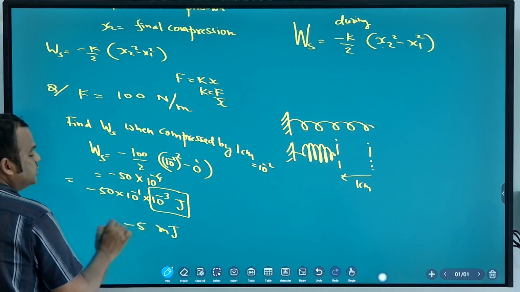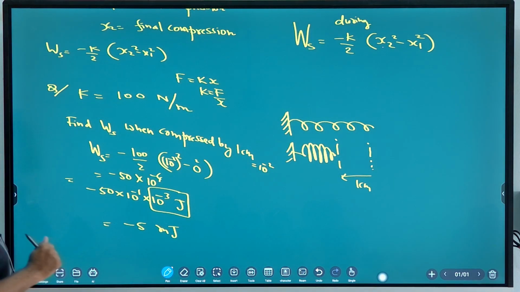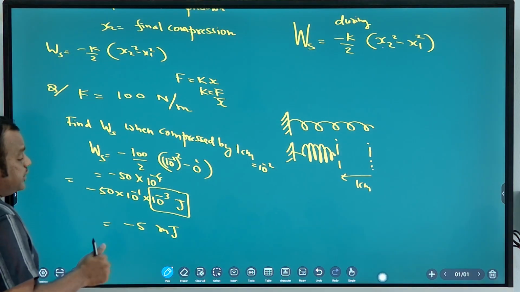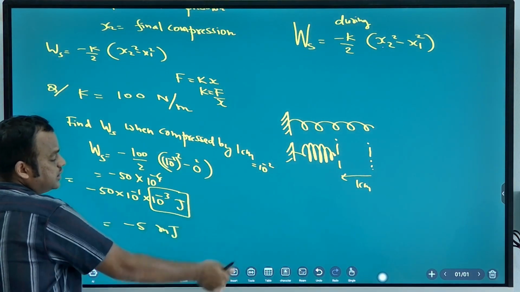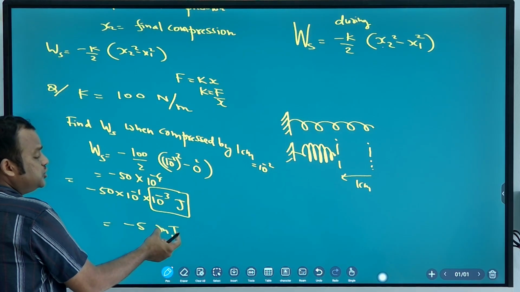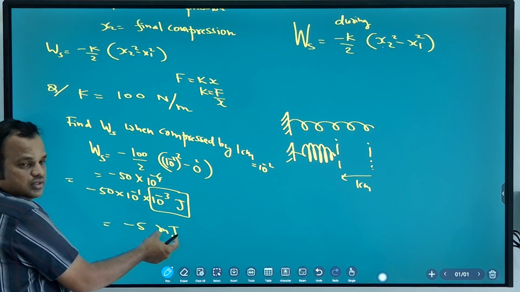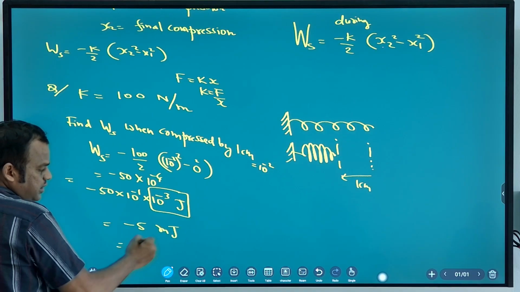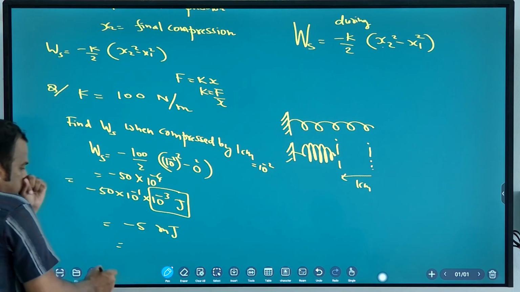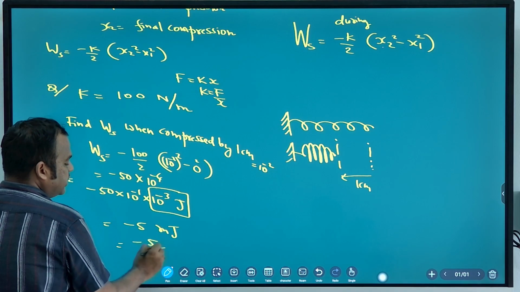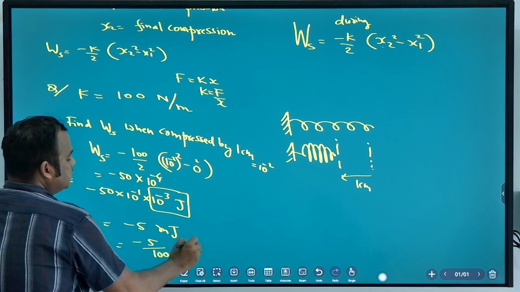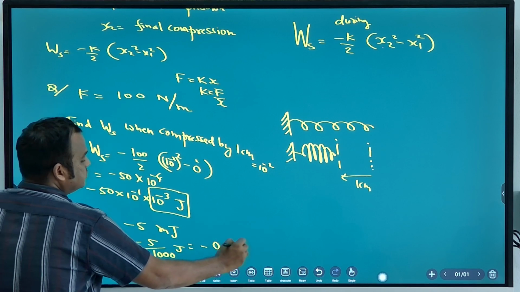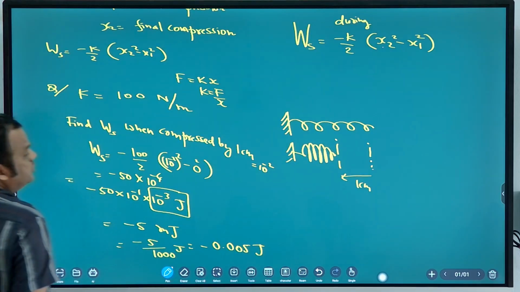So what is your answer? Minus 5 millijoule. Sometimes in four options, answers are given in joule, sometimes in millijoule. In joule, how much? Tell me. Minus 5 by 1000. So minus 0.005 joule.